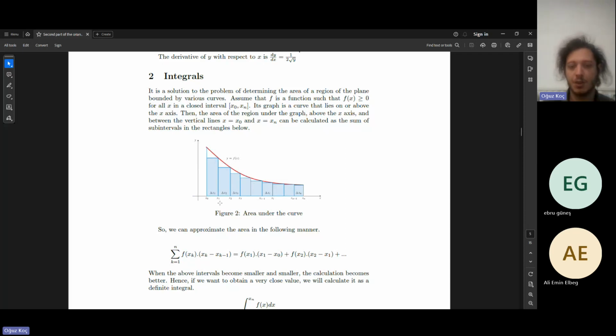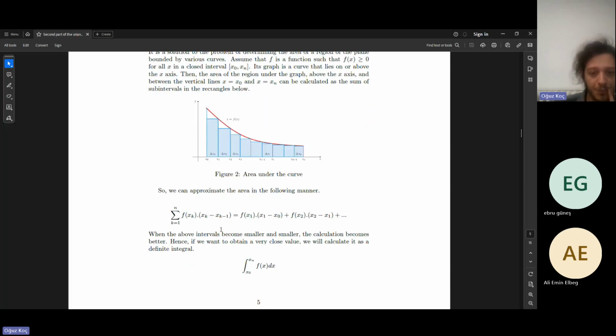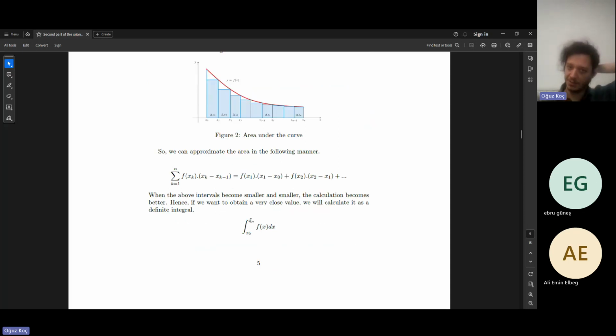Therefore, if you reduce those differences between x values, such as taking thinner rectangles, you get a better approximation of the areas. Therefore, the much better way of calculating the area under this curve is called integrals.